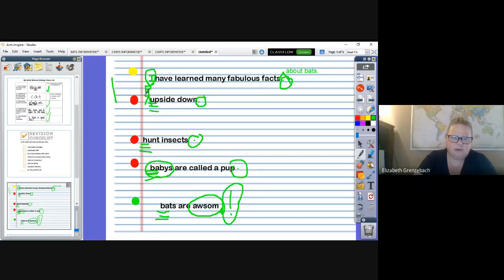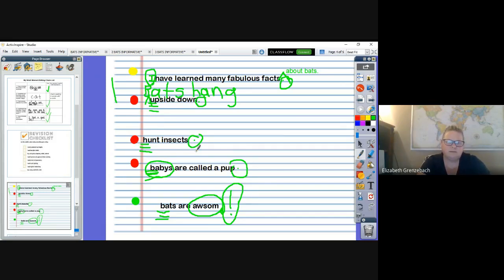This is not going to be good printing. Bats hang upside down. I'm going to use typing from now on because that is very hard to read. Bats hang upside down. Let's see the next sentence.